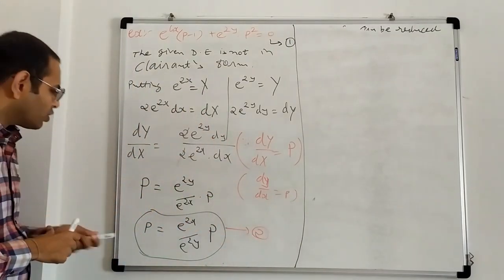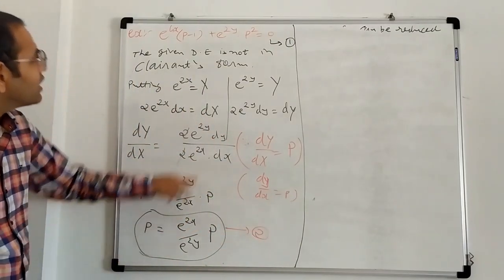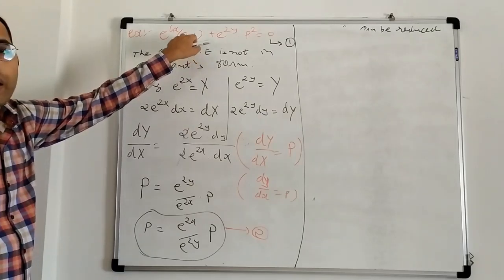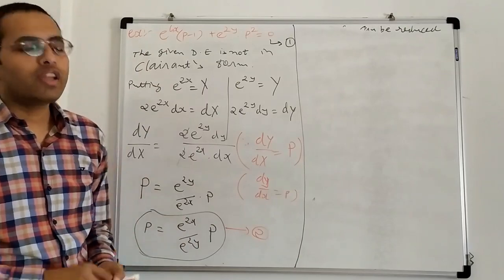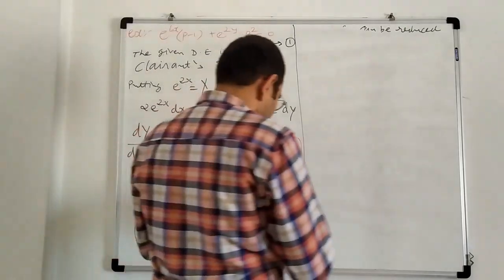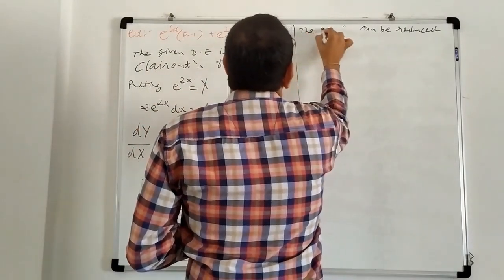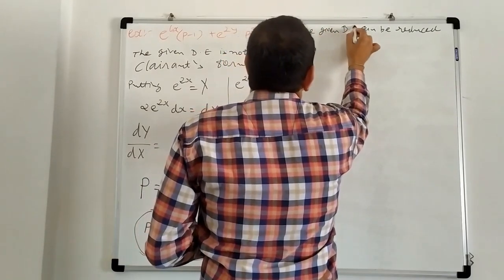Now substitute the value of p in equation 1. Then we reduce our given differential equation.